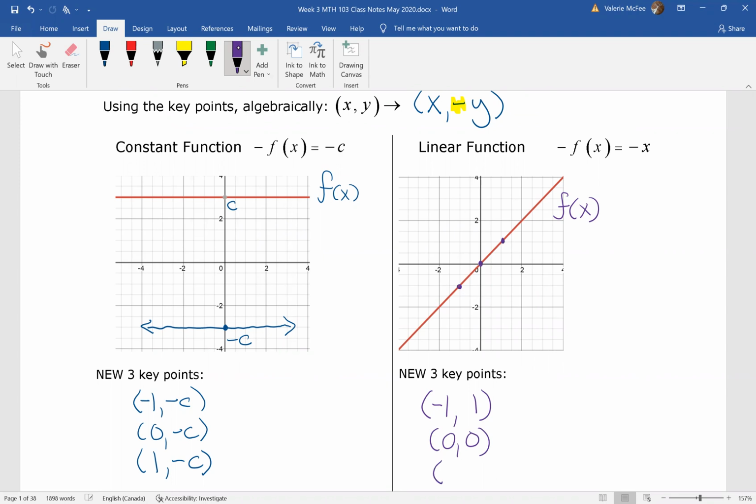Instead of 1, 1, it's the opposite of that 1. So my new graph, negative 1, 1, 0, 0, 1, negative 1, is again a reflection across the x-axis. This part was below the axis, now it's above. This part was above the axis, now it's below.